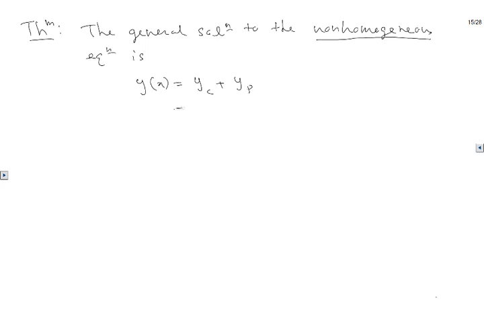Because it's a second order differential equation, yc looks like c1y1 plus c2y2, plus the yp.